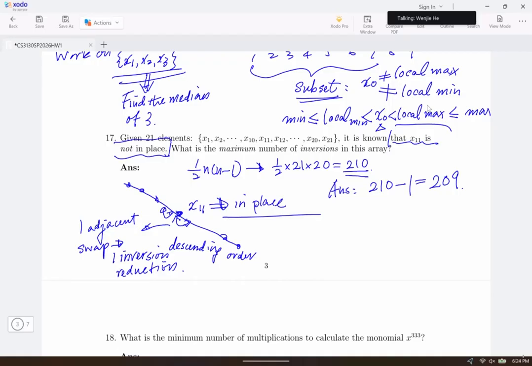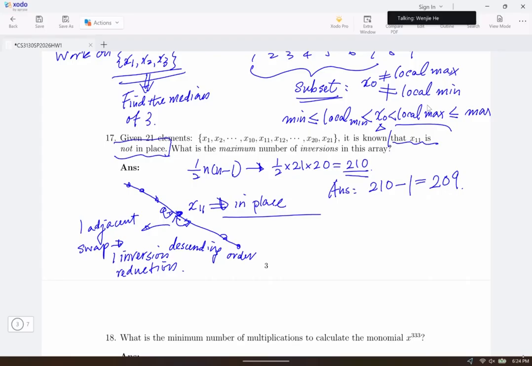I saw one student write a comment there, saying nothing to do with X11, X11 is all right, we do not need to do anything. Things like that.